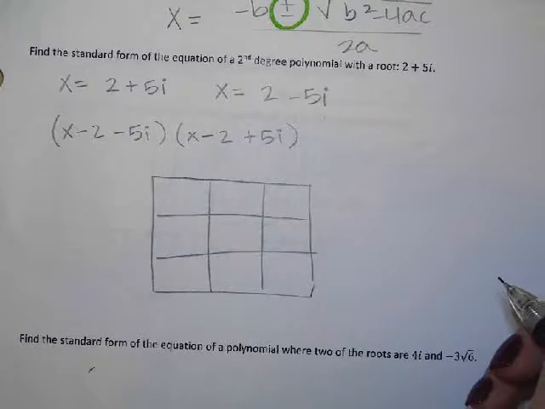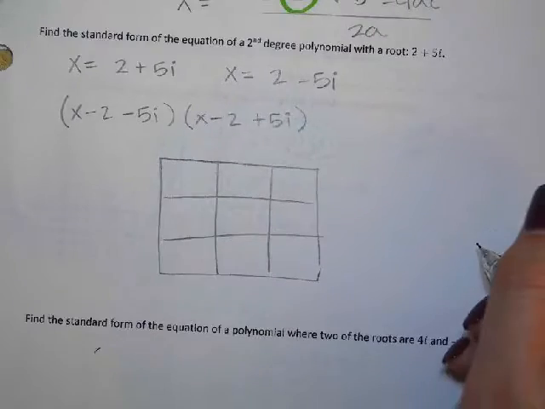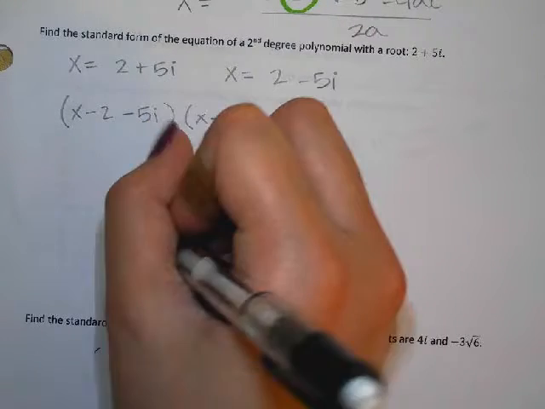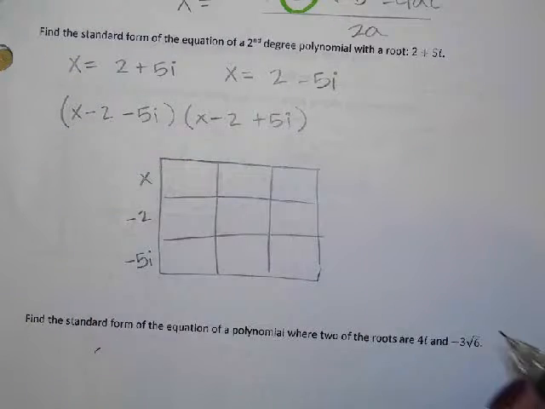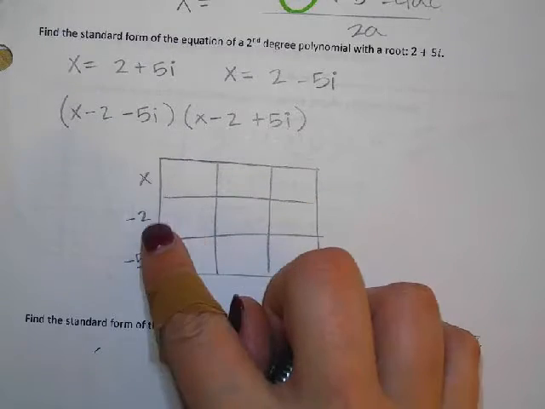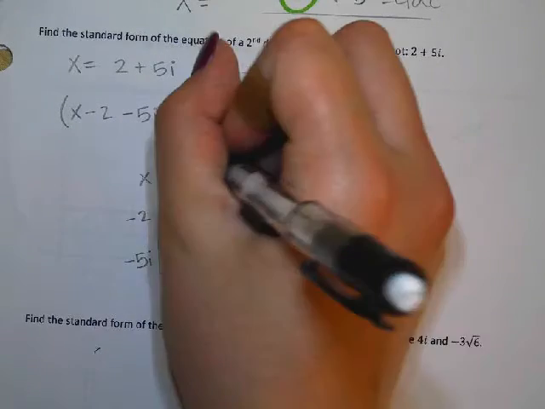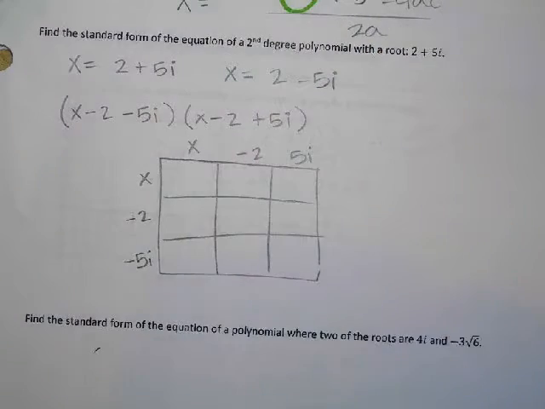While we're doing this one, things get pretty messy in the middle, but they clean up nicely at the end. Okay, so again, I should never have an i in my equation. I should never have a square root in my equation because they always clean up nicely and go away. So x minus 2 minus 5i, x minus 2 plus 5i.